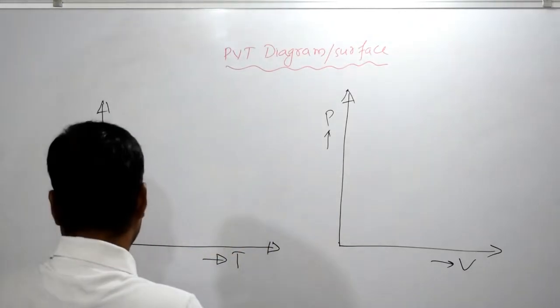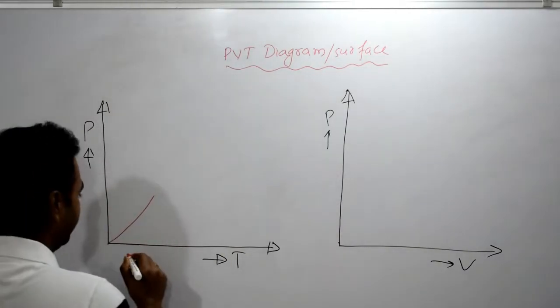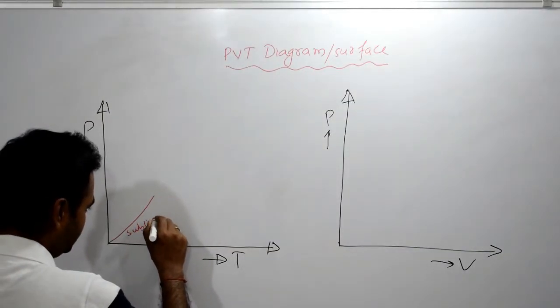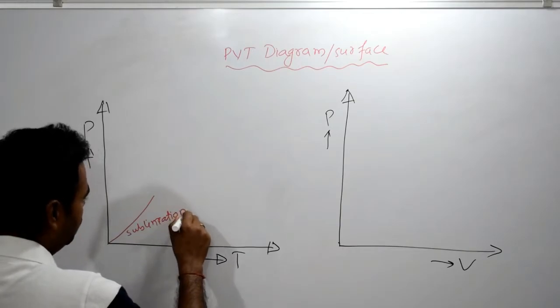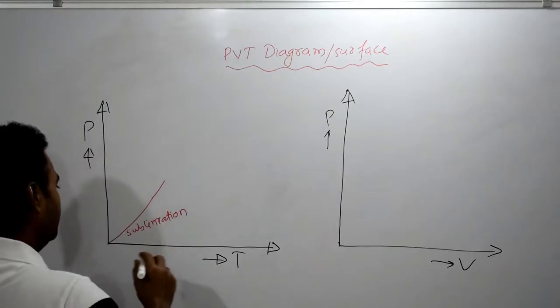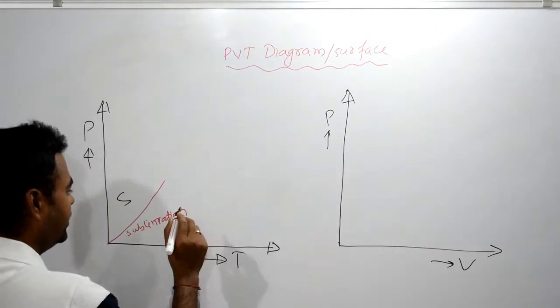Now very important, let me draw the PT diagram first. This line is what? Sublimation. What exactly happens in case of sublimation? Solid will convert directly into vapor.